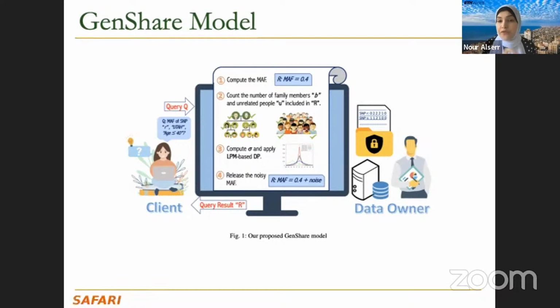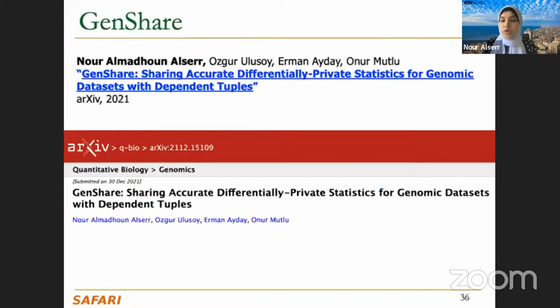You can find all the details of this paper in the arXiv version here: all the results we have, how we theoretically find the equations to compute the sensitivity of the query, and how we use it in different cases, if we have this number of unrelated participants, this number of family members, and so on.